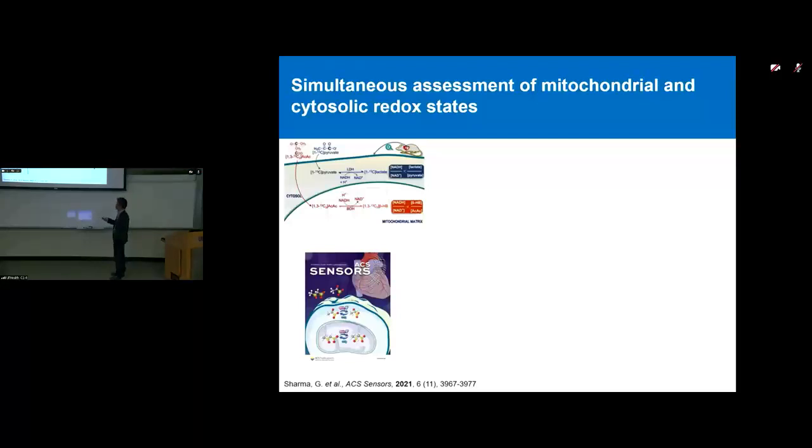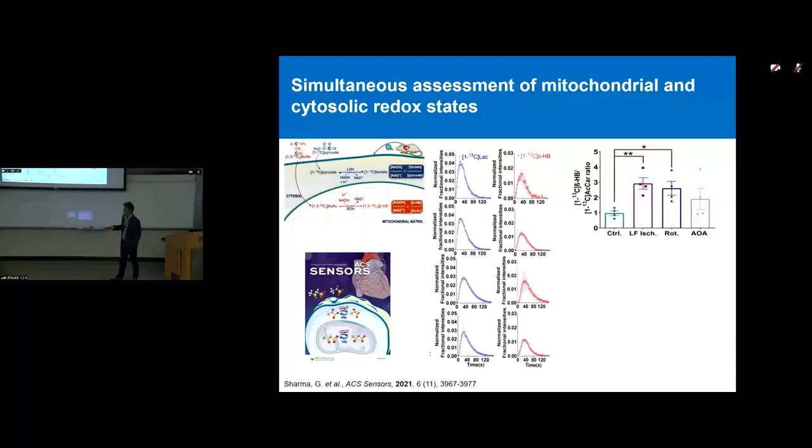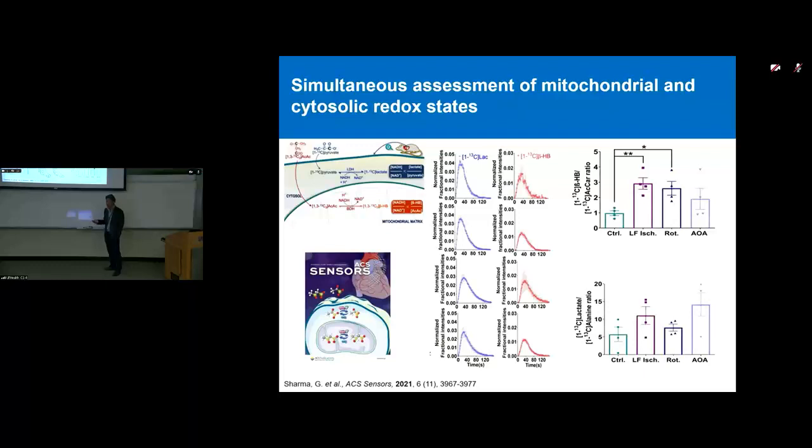So what we did is we used two probes, hyperpolarized C-13 pyruvate, with it following the reduction of pyruvate to lactate, similar to reduction of acetoacetate to beta-hydroxybutyrate, and look at it. And what we found is under the ischemia and rotenone treatment, the appearance of beta-hydroxybutyrate agrees pretty well with the redox state of the mitochondria.